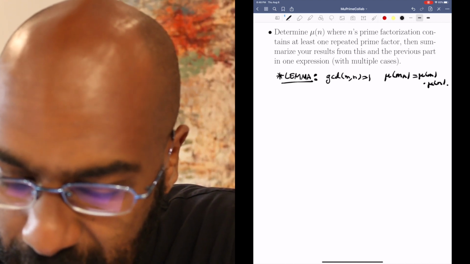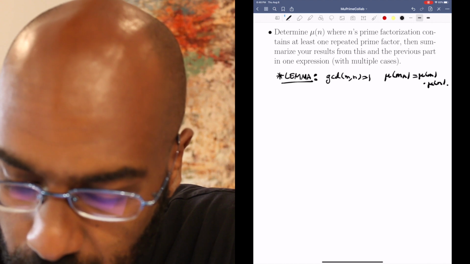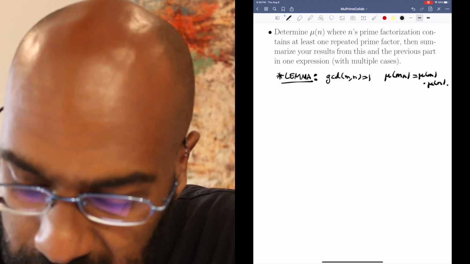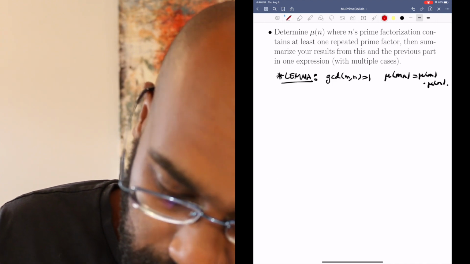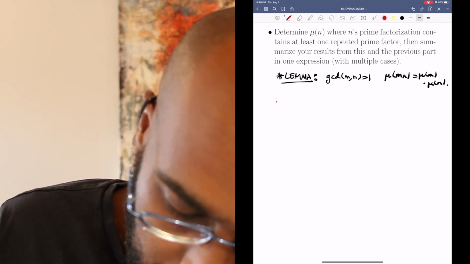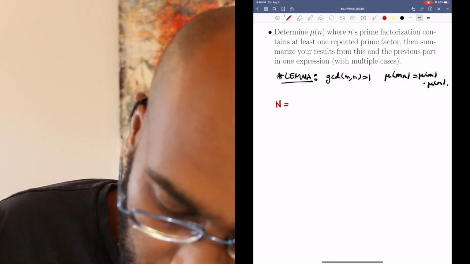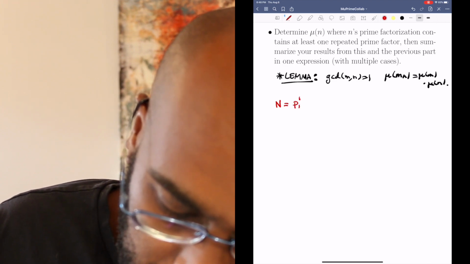Why would something like that be helpful? What this tells us is that if you have a general positive integer n, you know n can be written as the product of powers of primes.